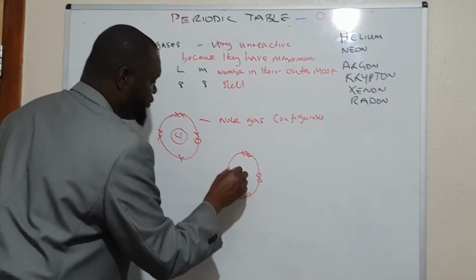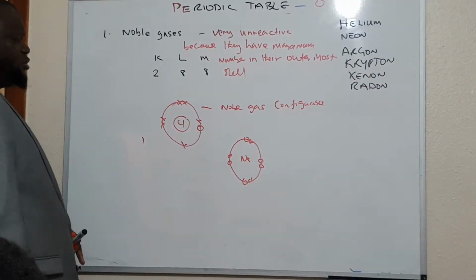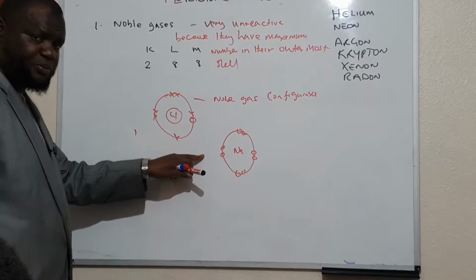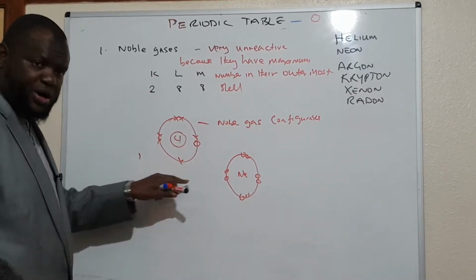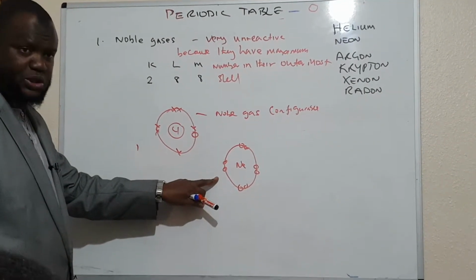Let's say neon, Ne. Neon cannot accept an electron in an ionic bond. In ionic bonding, the non-metals accept electrons and the metals give electrons.